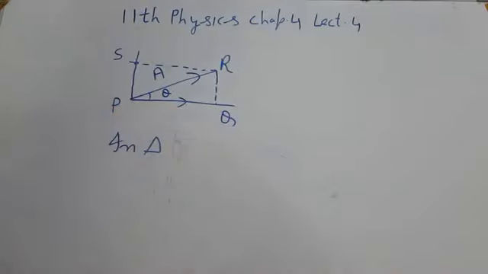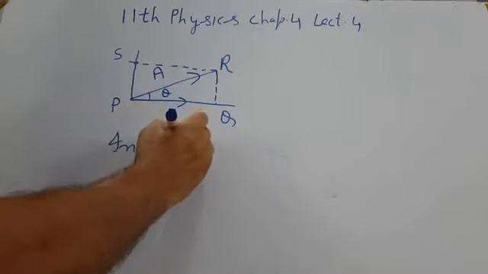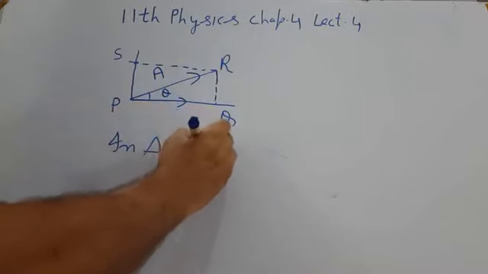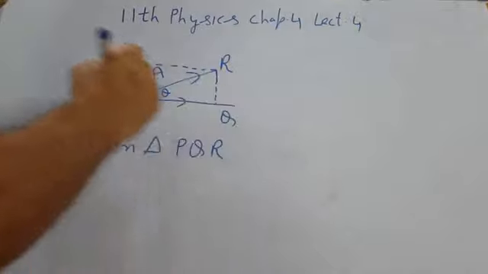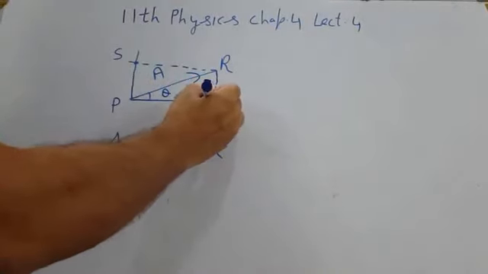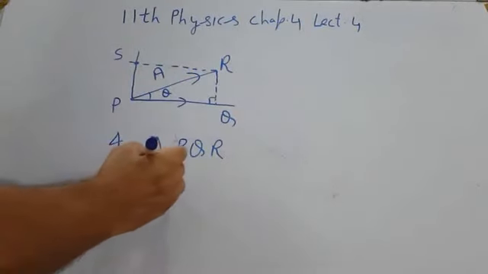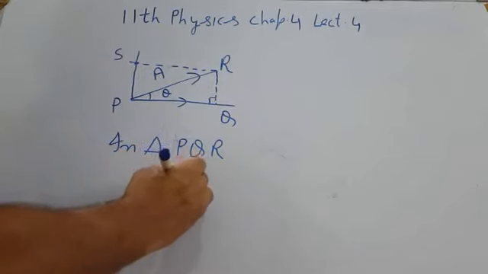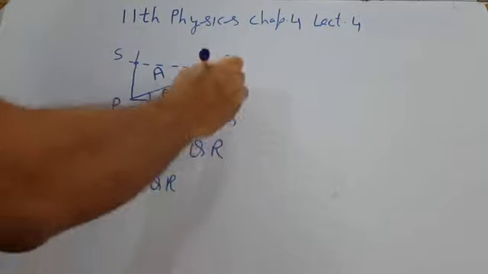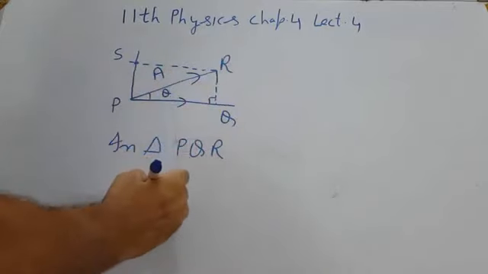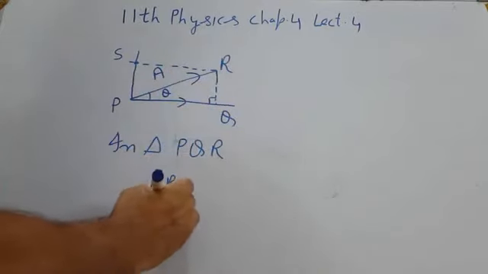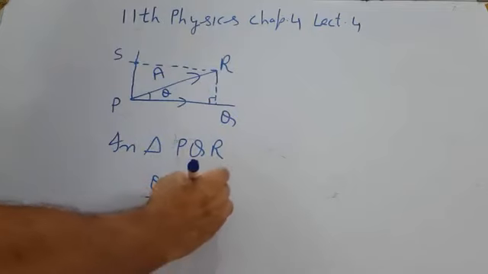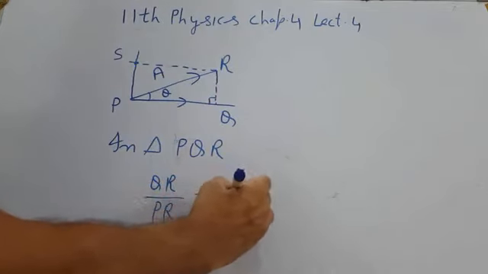In triangle PQR, it is a right angle triangle. This angle is 90 degrees. So QR, that is height upon hypotenuse PR, will be sin theta.